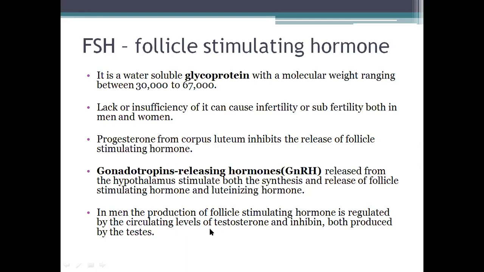This hormone controls the production of both FSH and LH, the luteinizing hormone. Now, the levels of FSH production from the pituitary can be inhibited through hormones like testosterone and inhibin produced by the gonads. So they can suppress the production of FSH.